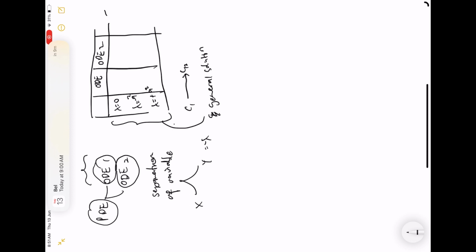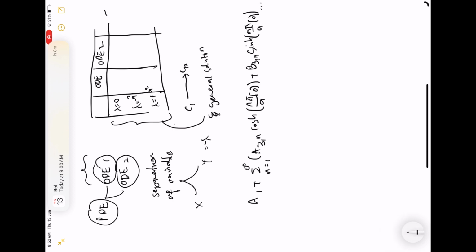For example, you will have a1 plus the summation of n starting from n equal to 1, then a3n cos(n pi x over a) plus b3n sin(n pi y over a). So in your general solution there will be these unknowns.